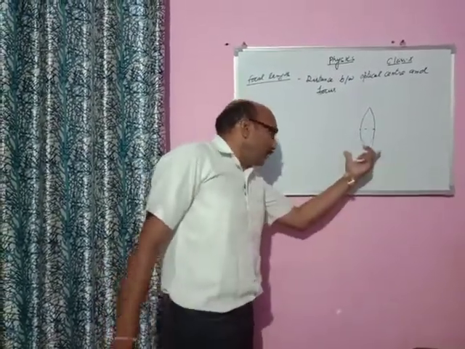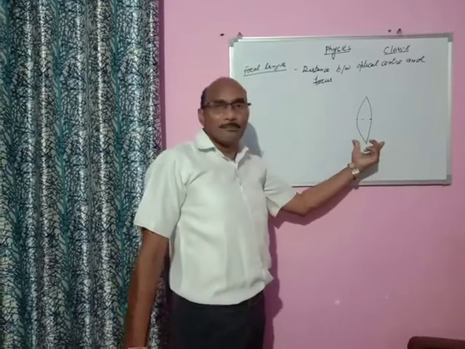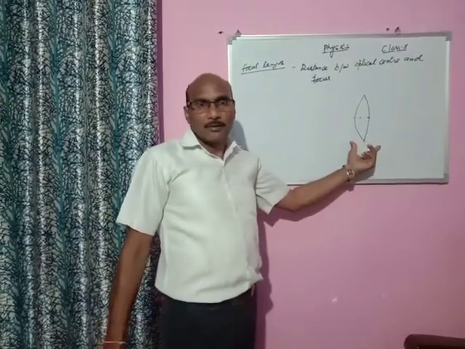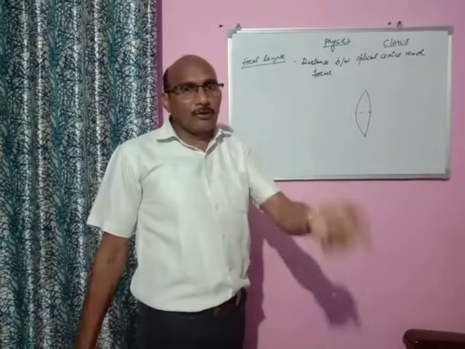It means light is allowed to pass only through the half portion of the lens. What will be the effect on the focal length?